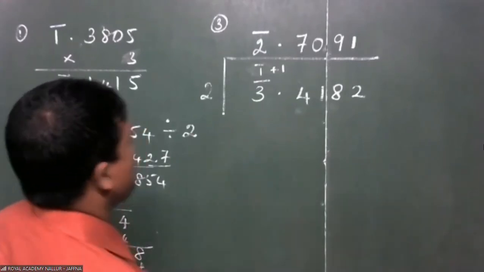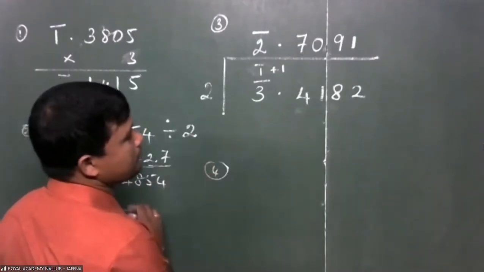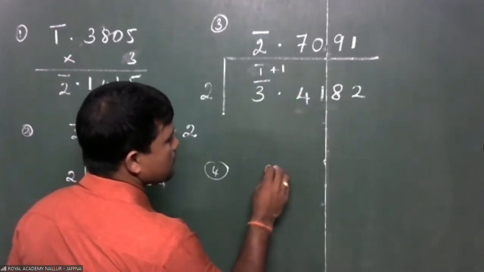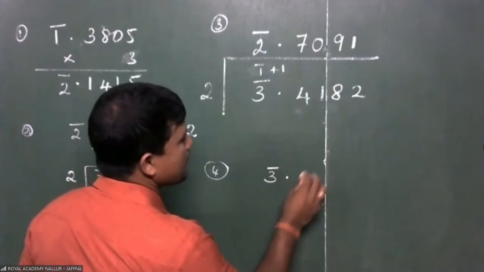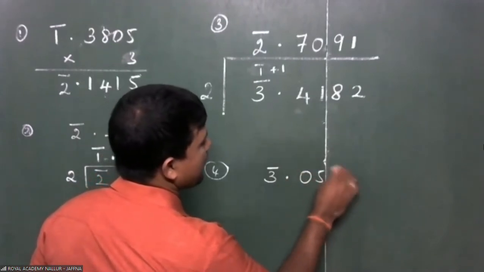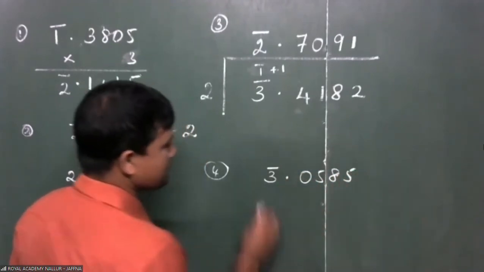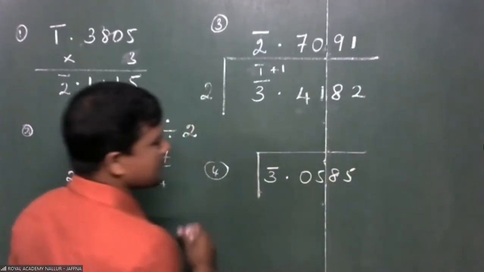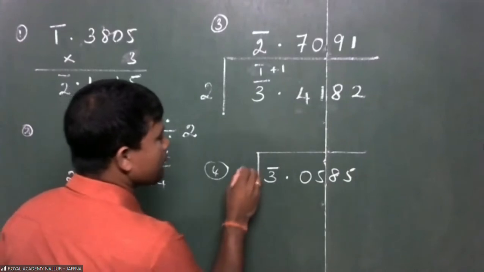Let's have one more. Number 4. Bar 3.0585, let's divide it by 5.